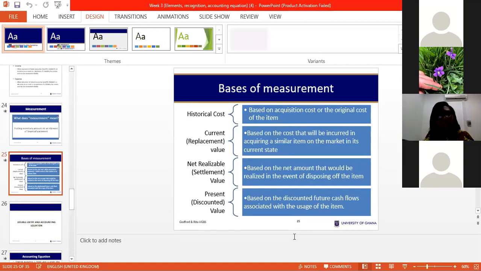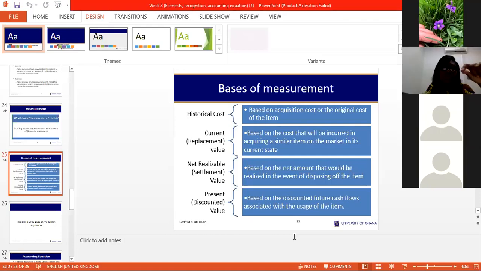But with the historical cost, you can verify: where is the invoice, where is the receipt. So we say that the historical cost of measurement is the most objective way, okay, of recording assets and liabilities. Thank you. Are you okay?